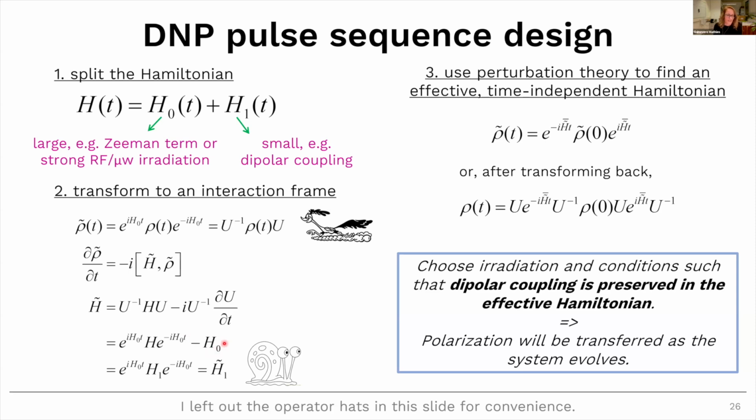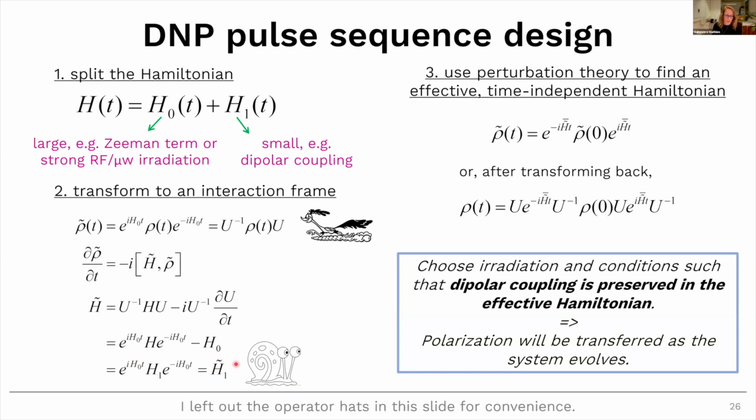We would like to see the evolution of the system under the influence of our dipolar coupling, so this is indeed what remains. H1 is just now modulated by the large term in the Hamiltonian, H0, so I'm indicating that with H tilde.